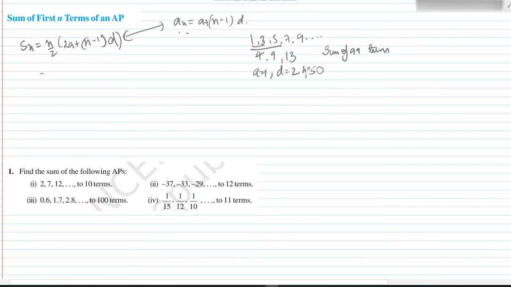Here 50 divided by 2 is 25. 2a is 2, because 1 is the first term. n minus 1 is 49 into 2. Fine. 25 into 2 plus 98, that is 25 into 100, so this is 2500. So this is the sum of 50 terms in this AP.